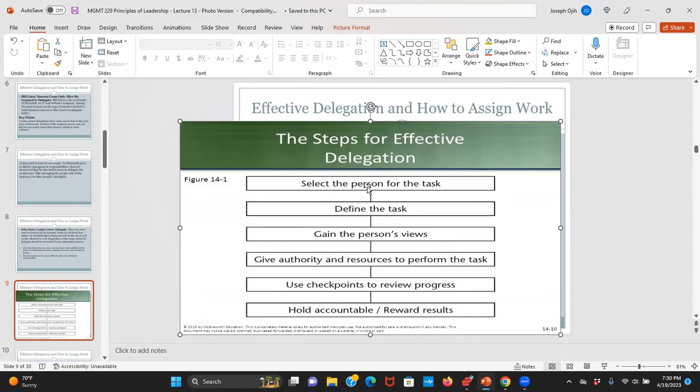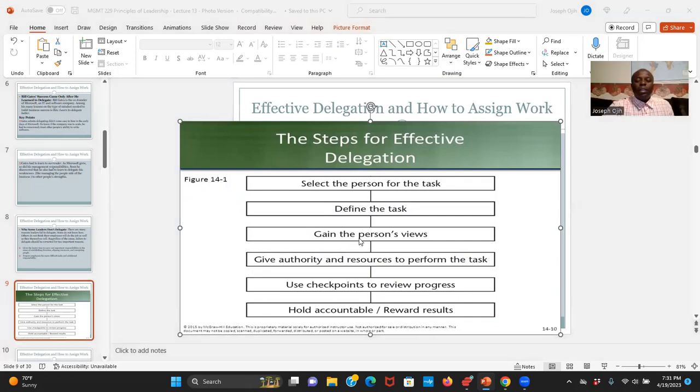The steps: select the person for the task, define the task that the person is empowered to do, and then among other things, you can also gain the person's views about the task at hand, then give authority and resources to the person to perform the task.